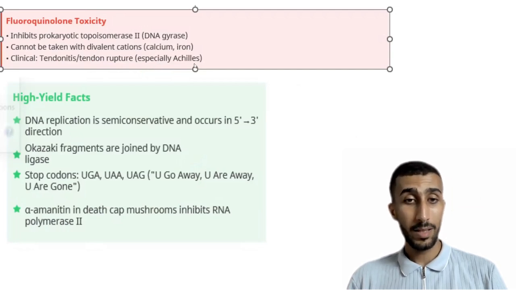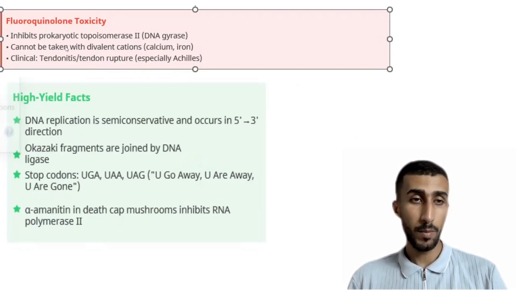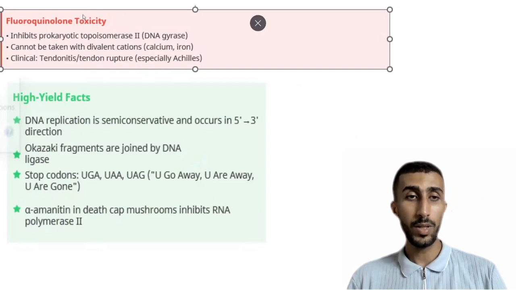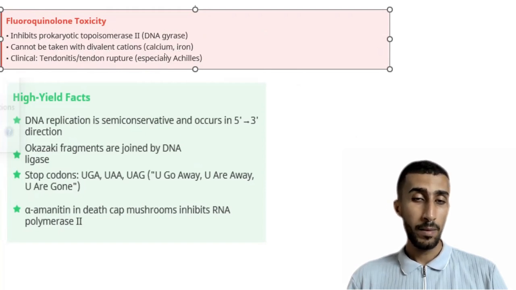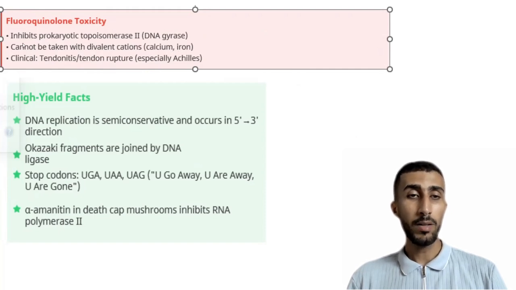Achilles tendon rupture is famously associated with fluoroquinolone toxicity. It cannot be taken with divalent cations, calcium and iron. You have to watch for this if you are prescribing fluoroquinolone.